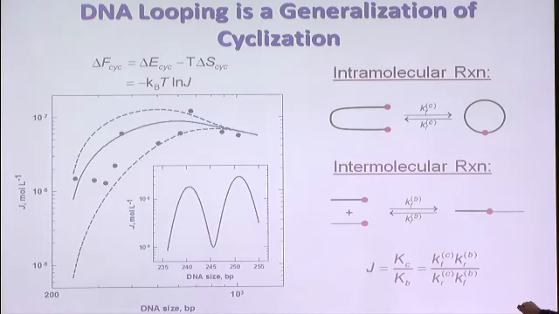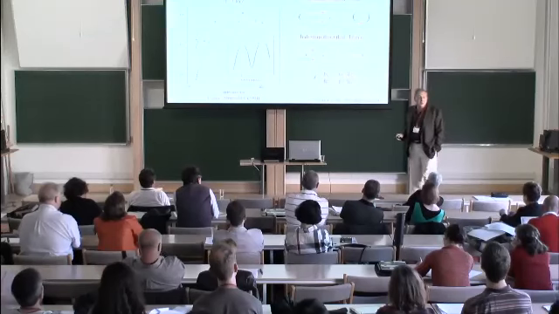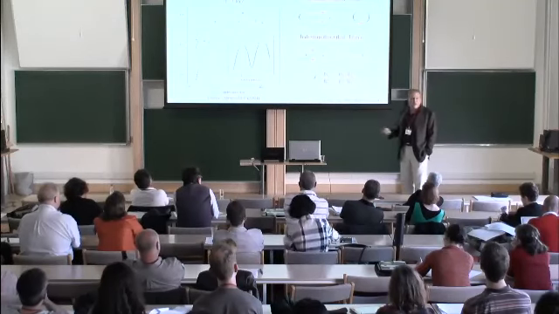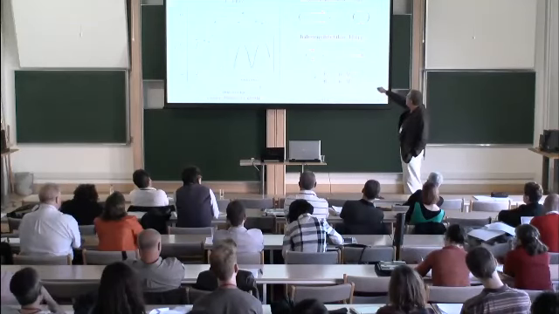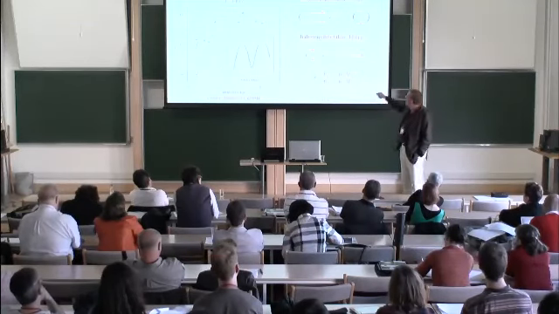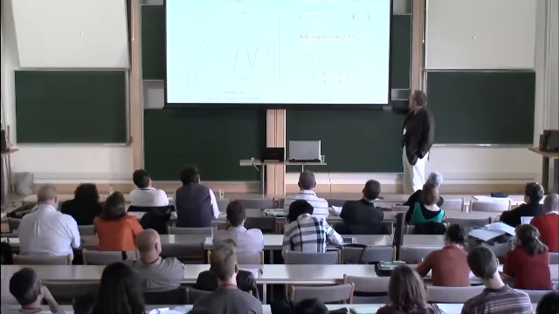Moreover, the quantity J can be directly related to the free energy cost of cyclization, because J turns out to be nothing more than a normalized equilibrium constant for formation of this cyclized molecule. So if we have a free energy, there must of course be an energetic term, and there has to be an entropic term.